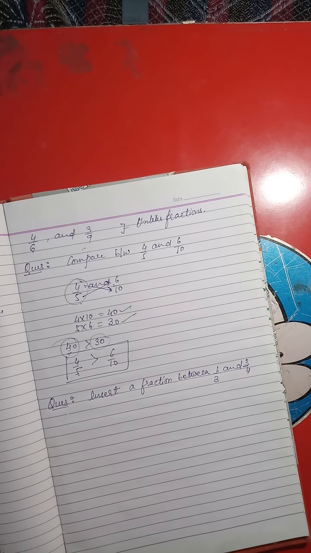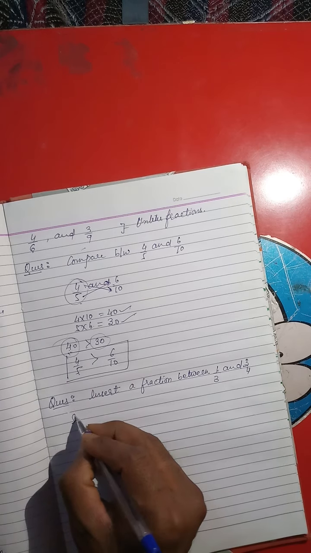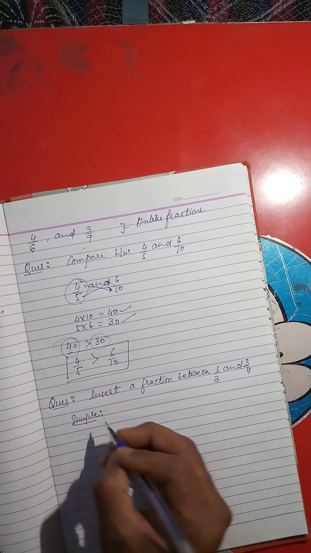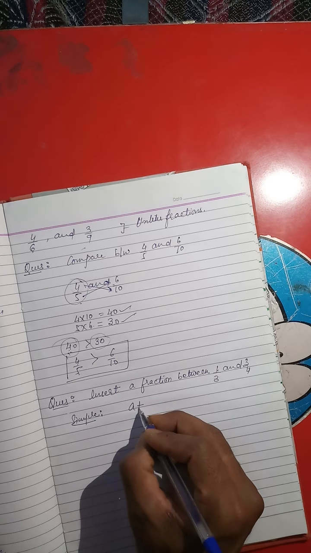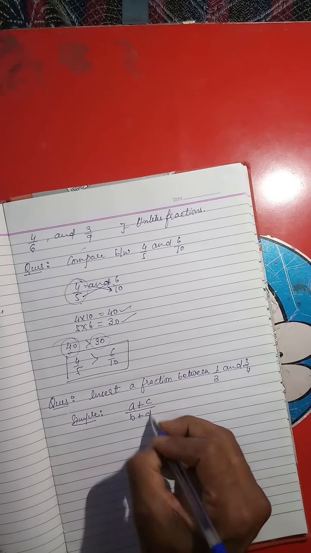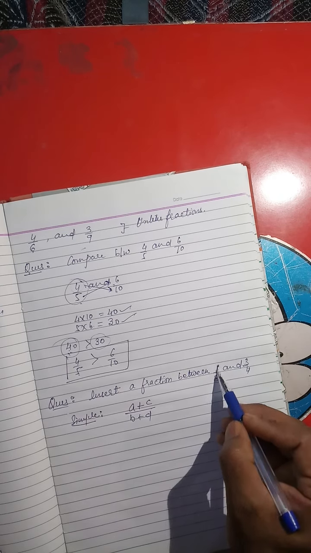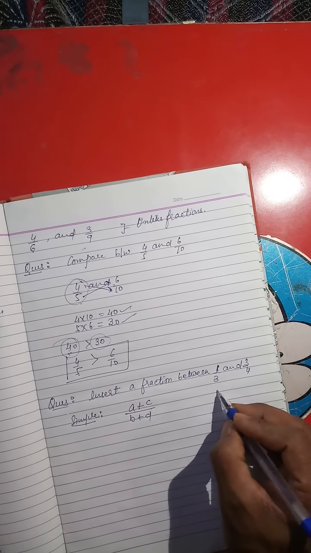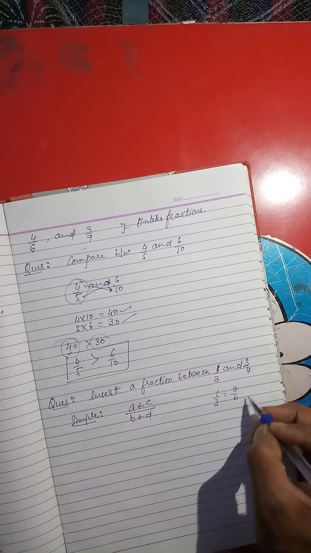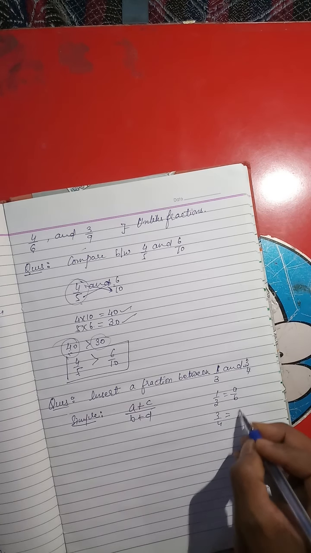Then we have a simple formula or a property for that, which is a plus c upon b plus d. Look, a, b, c and d. Now 1/3 is a upon b and 3/4 is c upon d.